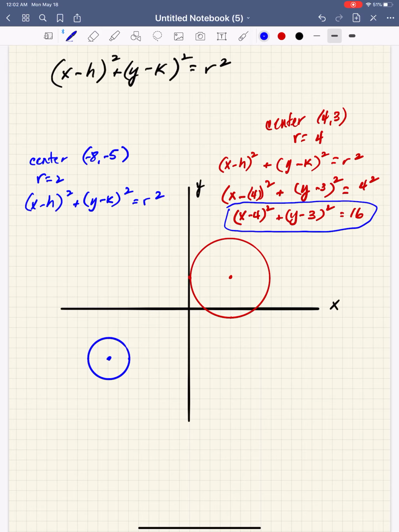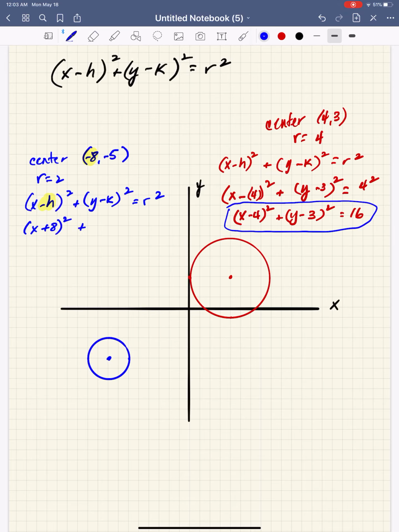Okay. So we're going to put in x minus h. Well, if I'm going to minus h, here's the h value. I'm minusing a negative 8. What I'm really saying is I'm actually just going to add 8.